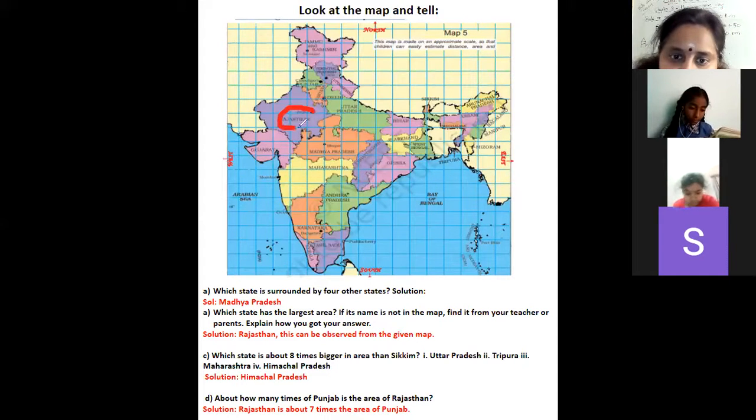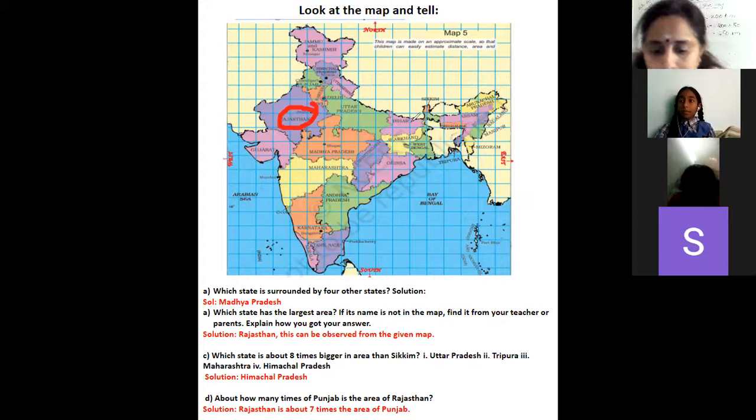Here it is. And where is Punjab? Find it on the map. Here it is Punjab.